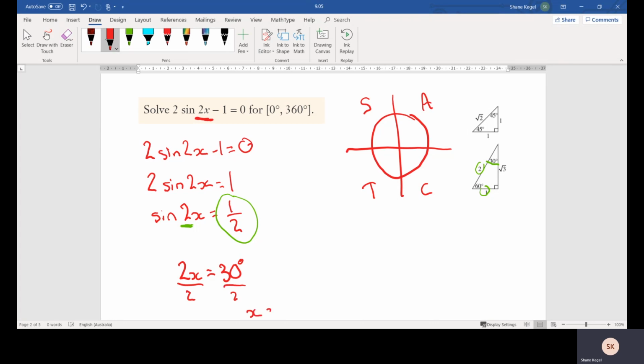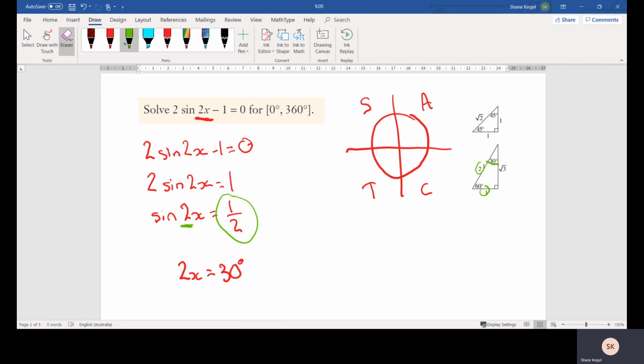Therefore, x equals 15. And again, we're going around our circle twice. Okay, so we can do that, or we can solve straight for 2x equals 30, which I think might be the easier way to do it here. So let's do that first, and then we'll divide our answers by 2.